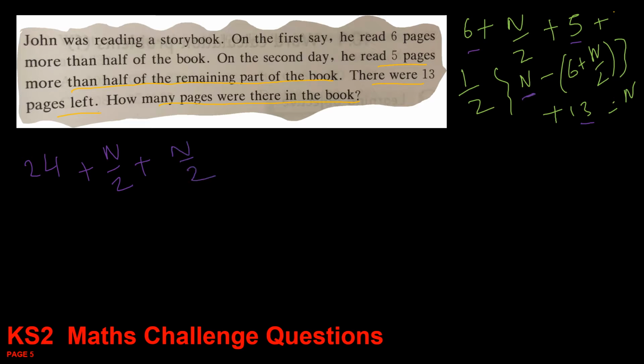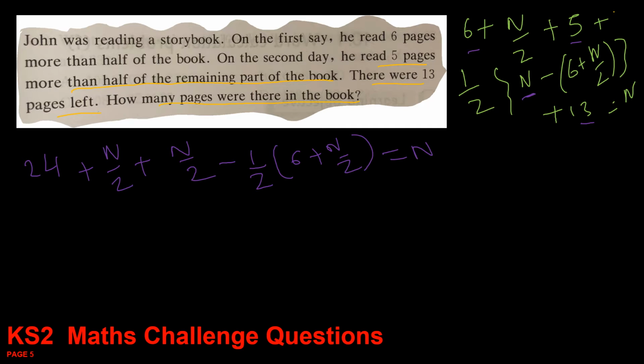Then we will keep this 6 plus n by 2 within the brackets. We will not open it. Instead, we will write minus half times 6 plus n by 2, equals n. I hope I got this right.